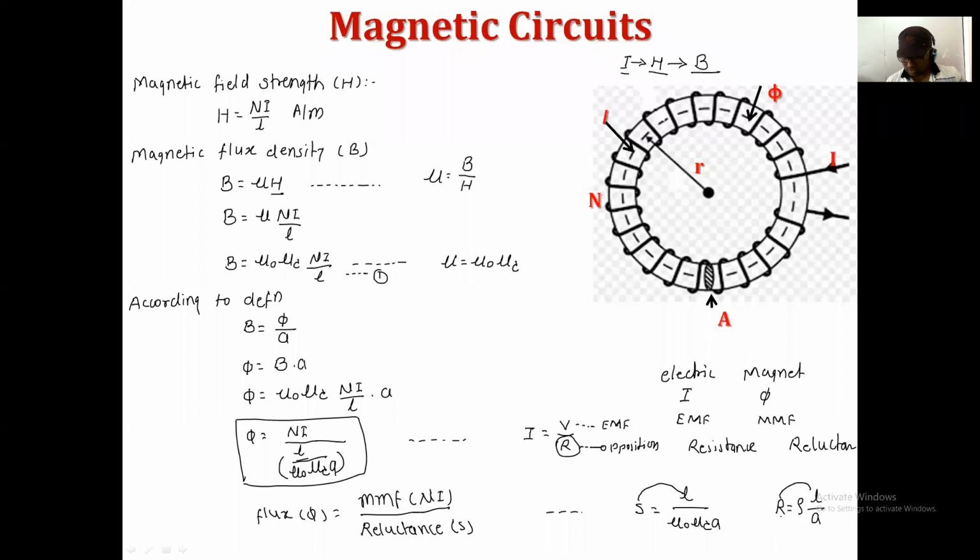In the DC circuit, the resistance is inversely proportional to the area of cross section. In the magnetic circuit also, the reluctance is inversely proportional to the area of cross section. In the DC circuit, the resistance depends upon the material, but here mu 0 mu r is also the medium constant. The reluctance also depends upon that medium or the material.